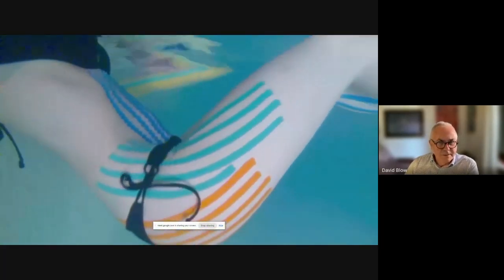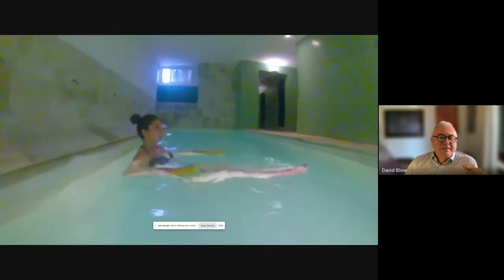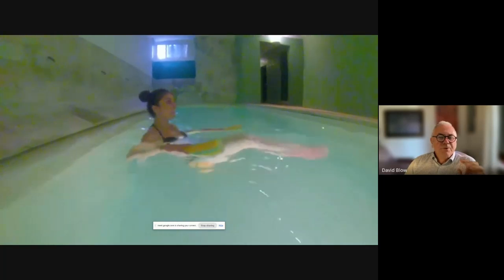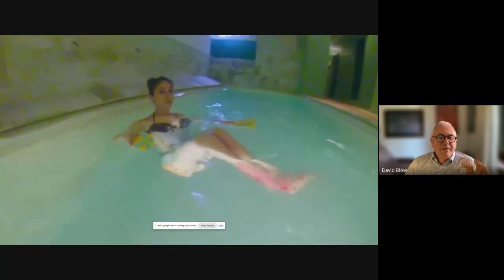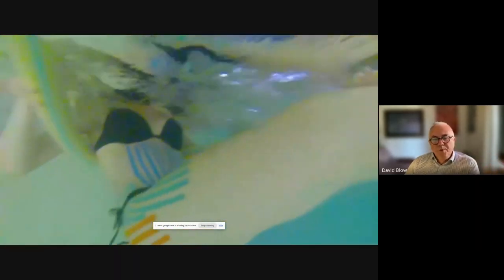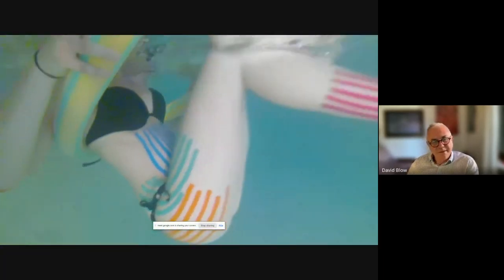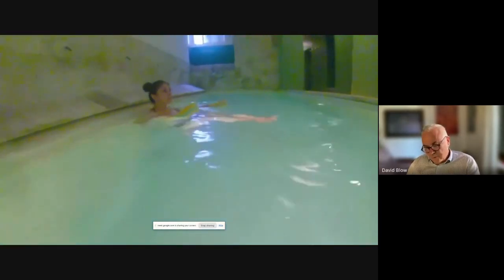Obviously this girl has no edema problem, but it's just a film to indicate how the tape is activated through movement. Movement can be in a gym, movement can be just walking up and down the beach, or if you don't have a beach, in the park, or in an aqua gym, or in a gym anyway.